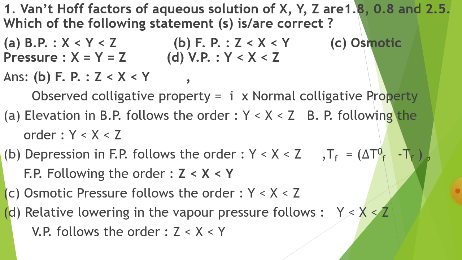So i is more for Z and then for X, so the order should be Y, X, Z. But here the order given in the question is X, Y, Z. Option B: depression in freezing point follows the order Z has more depression than X, and X more than Y. But freezing point is inversely proportional to the number of particles, so the fewer the particles, the higher the freezing point.